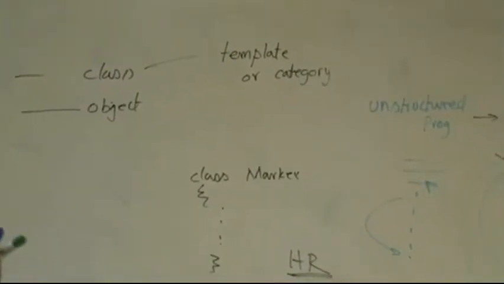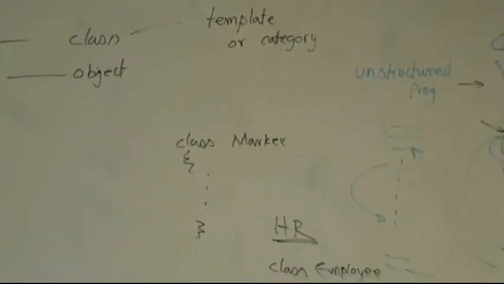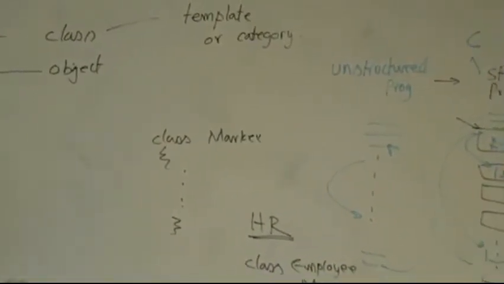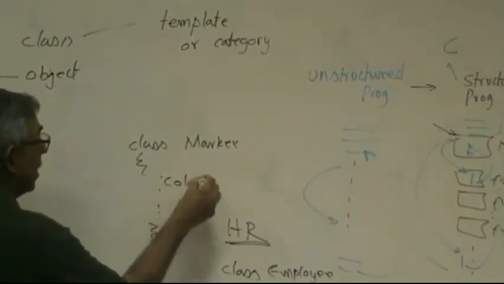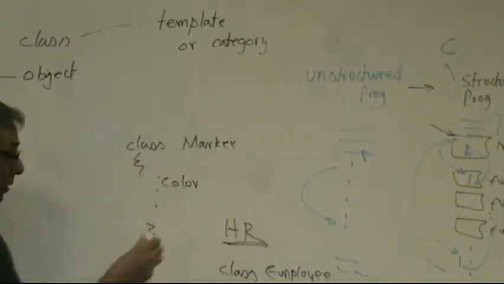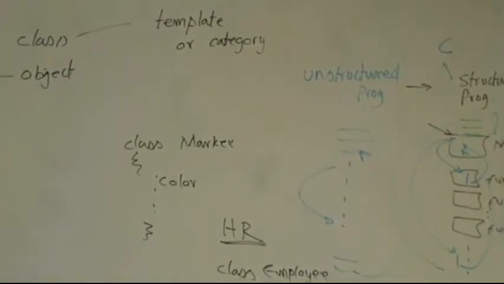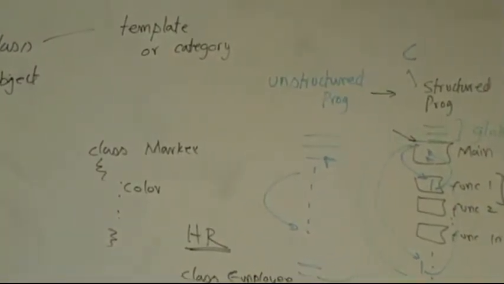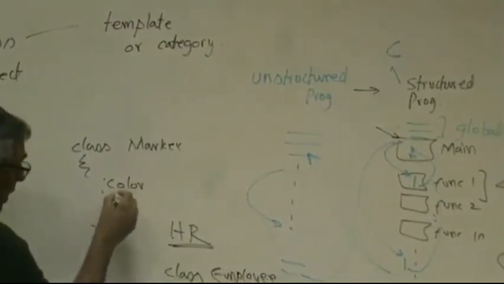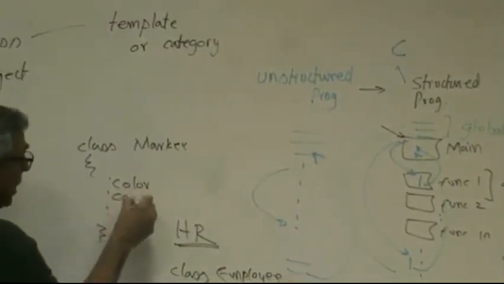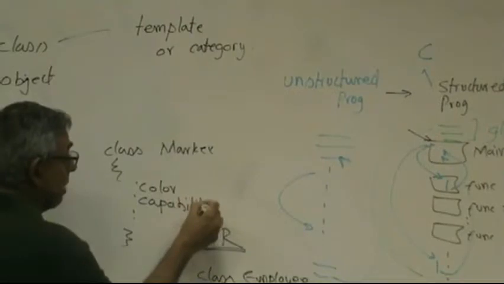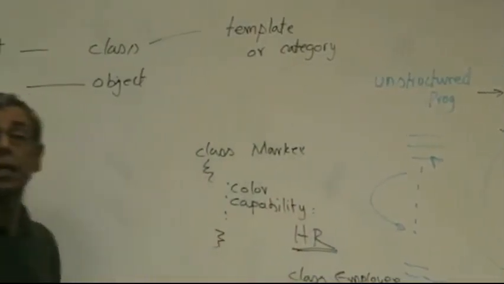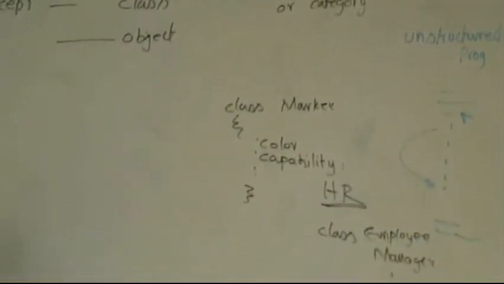Okay, then further we may have several properties in this marker. What's the color of it? And again, for example, this is a dry erase marker. So what is the capability of it? As an example, is it permanent or is it dry erase and so on, right?